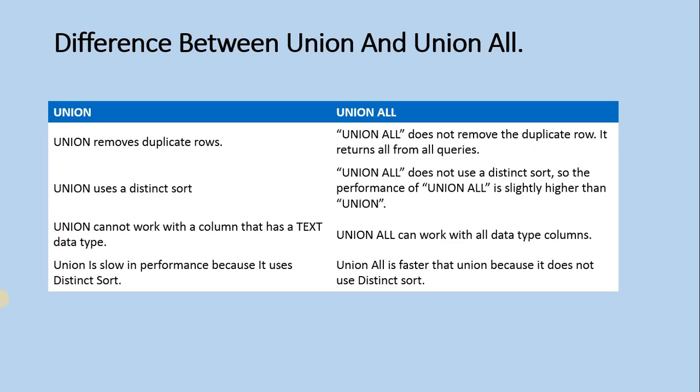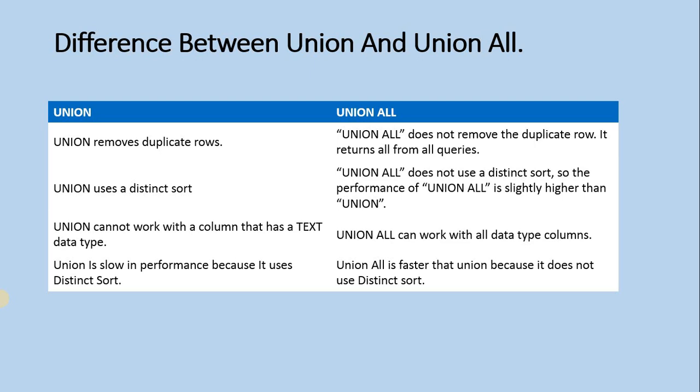UNION cannot work with a column that has a text data type. UNION ALL can work with all data type columns, and UNION is slow in performance because it uses distinct sort. UNION ALL is faster than UNION because it does not use distinct sorts.